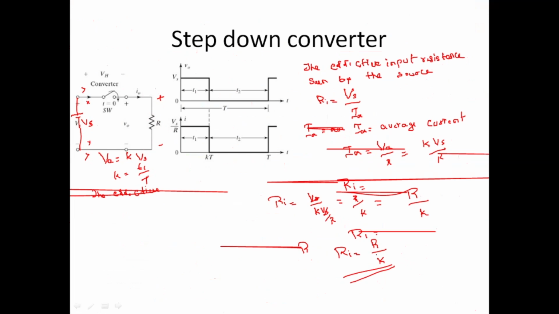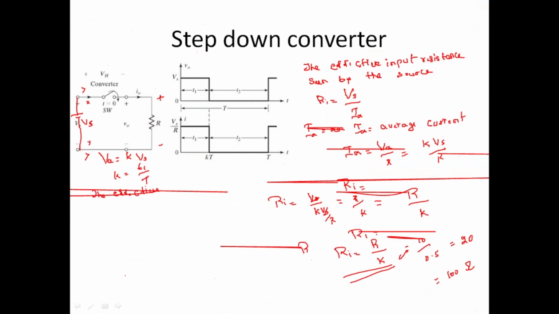One thing I will tell you, if you change the duty cycle, for example, R is equal to 10 ohm, if K is 0.5, then what is the effective resistance? 20 ohm. If K is 0.1, then it is 100 ohm. So what I am saying, the Ri, effective resistance seen by the source, will change when you change the duty cycle. Okay. Next.